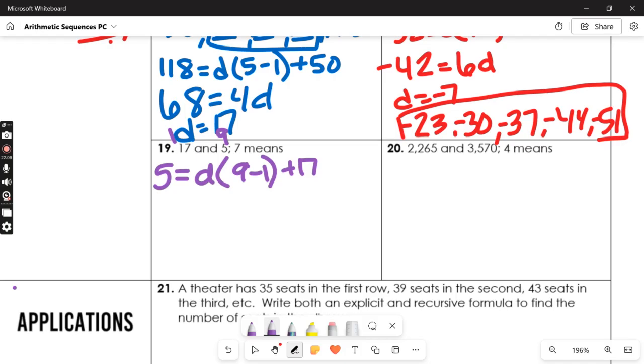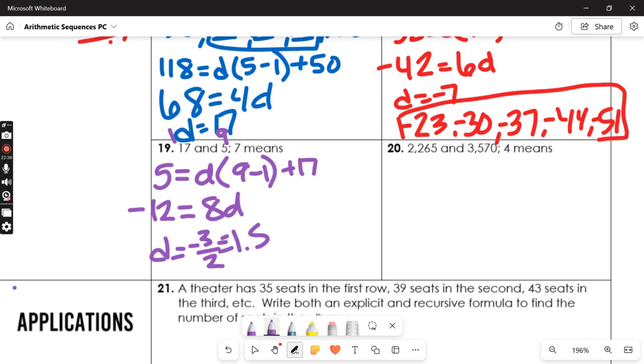So I'm doing 5 minus 17, which is negative 12, is equal to 8d. And then dividing by 8, I get that d is equal to negative 3 over 2. If you left it as a decimal, that's fine, either way. Y'all might prefer the decimal, so that's fine.